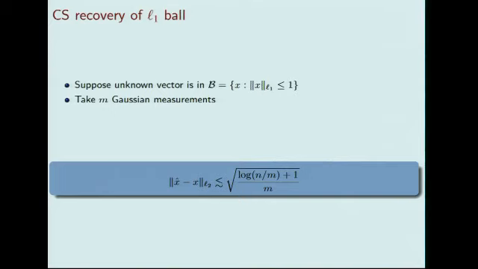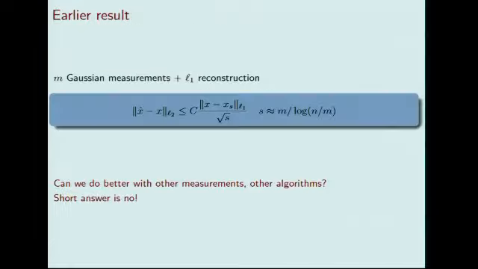Okay, so now let's specialize. Suppose that I know that my vector is in an L1 ball of radius less than 1, and I'm going to take m Gaussian measurements. I'm just going to plug the numbers in here. The distance between x and x_S, I can't really say; I can bound it by 1, but that's about it. And so I just plug in S equals m over log n over m.